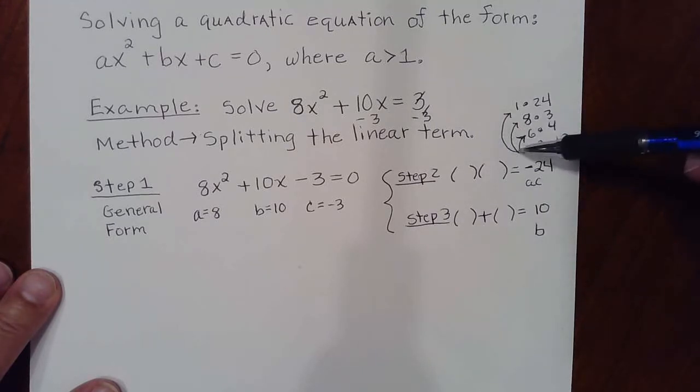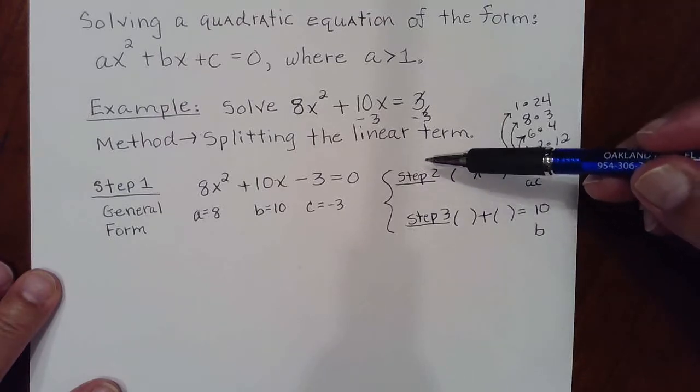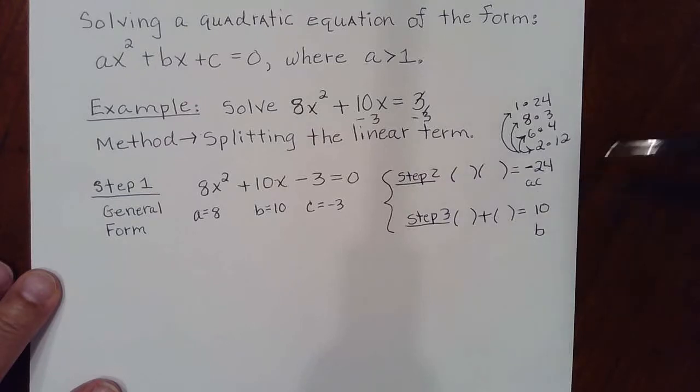So while the 6 times 4 looks really like it might be a tempting choice because you're looking at that and saying, oh, I can get 10, that means you're not really considering both of these requirements at the same time. And again, you need to think about these together. Make both of them work at the same time.